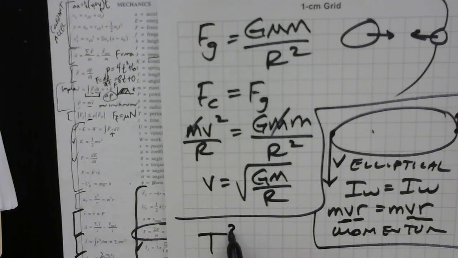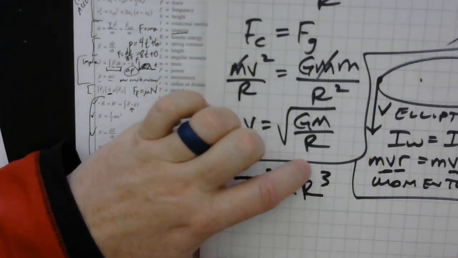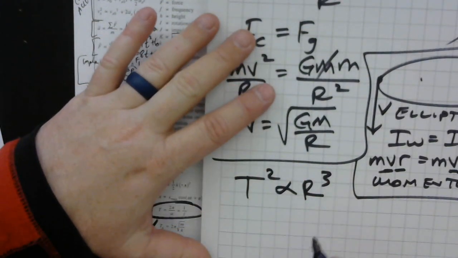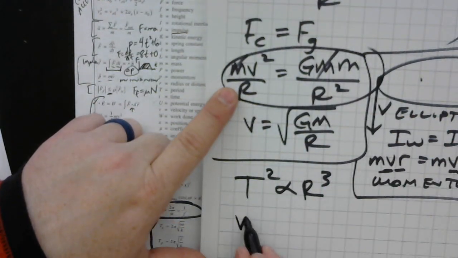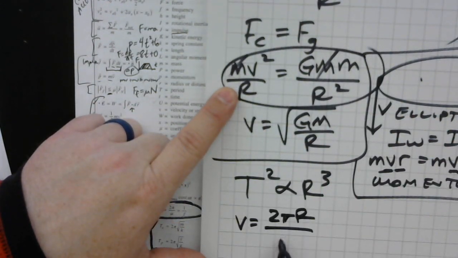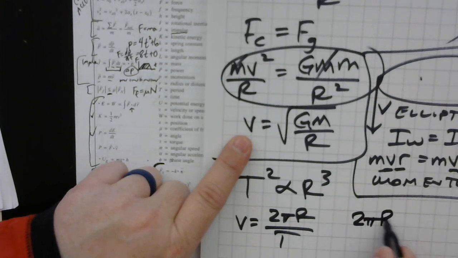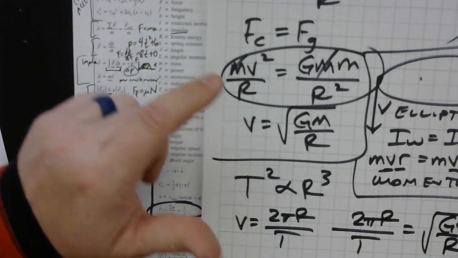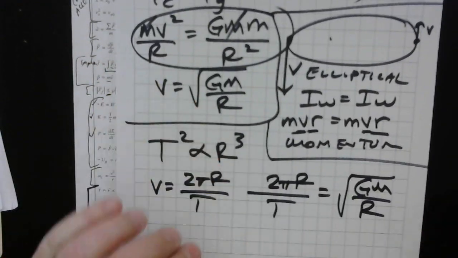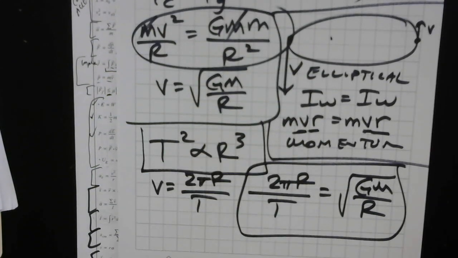Last Kepler's law is that the period squared is related to the radius cubed. Where that comes from is this equation. And what you do is you plug in 2 pi r over time. So if I plug that in, I got, ready, see I have v here? So I can just say 2 pi r over period equals the square root of GM over r. And all I got to do here is isolate it and end up with T squared and r cubed.